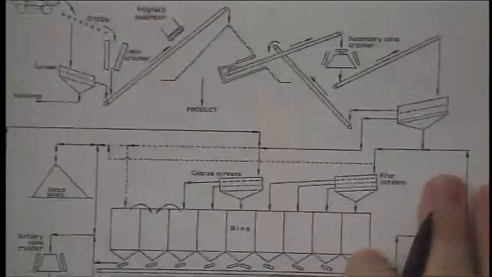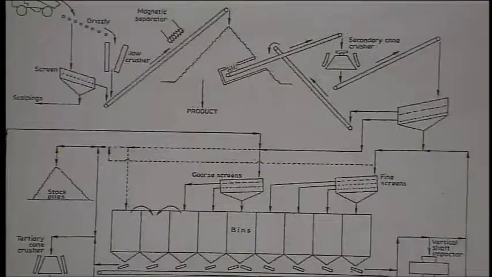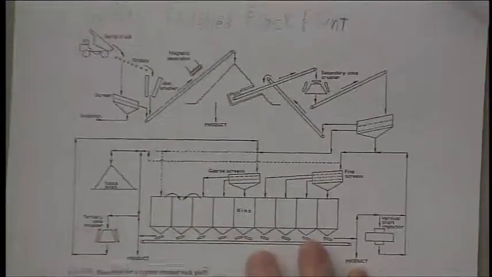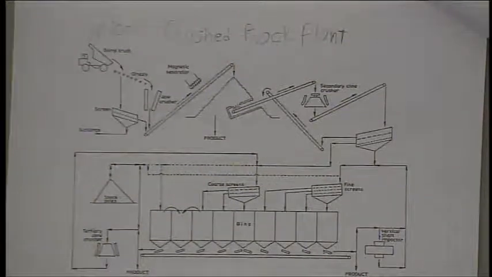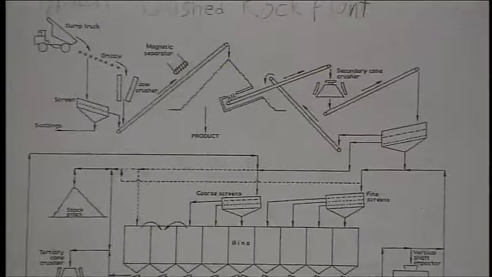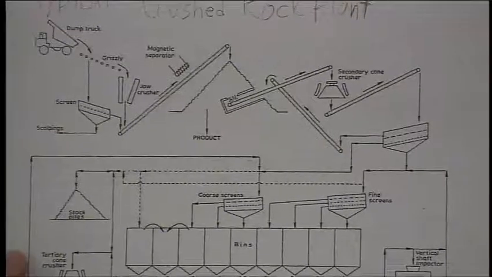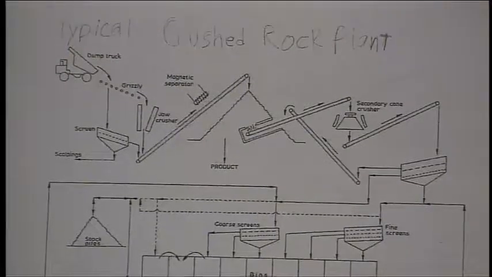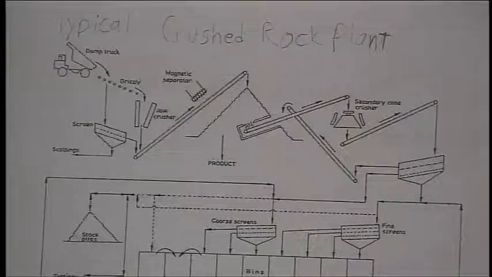So in general, I'm just going to look at a rock quarry or a rock plant and the crushing process. That's what we're going to look at here. I'm not going to go into all these steps individually. Some of them are in my class notes, so you can go back and look at it.